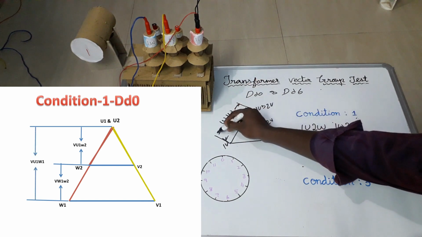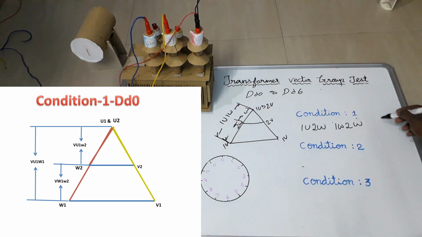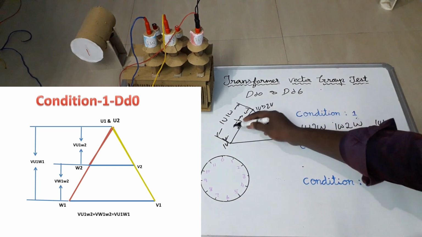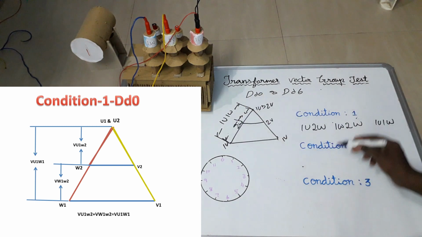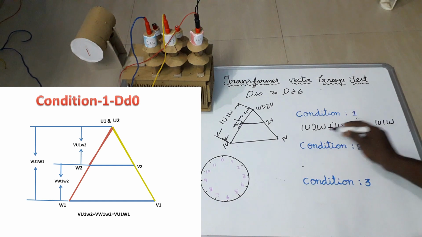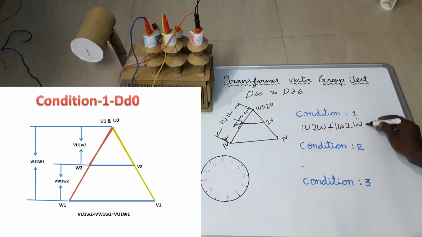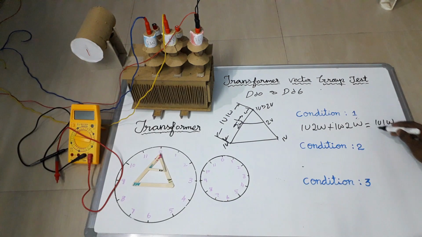The voltage between 1U and 1W. When you see here, when you add these two, it should come here. So we have to add this two value. When you add this two value, it should be equal to this face to face voltage of HV side. That is your R phase and B phase voltage.